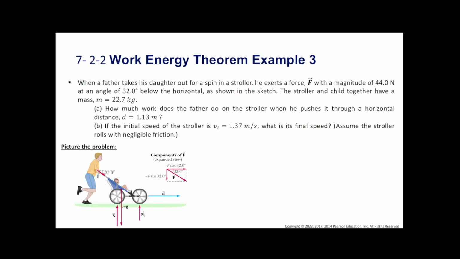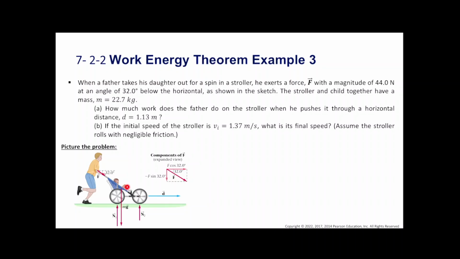When a father takes his daughter out for a spin in a stroller, he exerts a force F with a magnitude of 44.0 newtons at an angle of 32 degrees below the horizontal, according to the sketch. The stroller and the child together have a mass m of 22.7 kilograms.